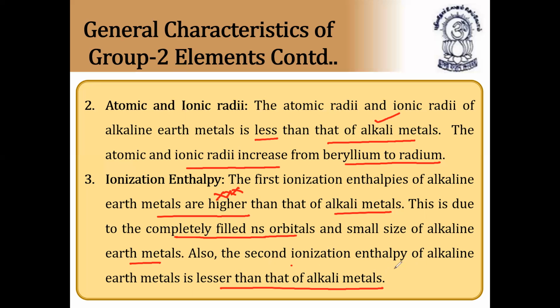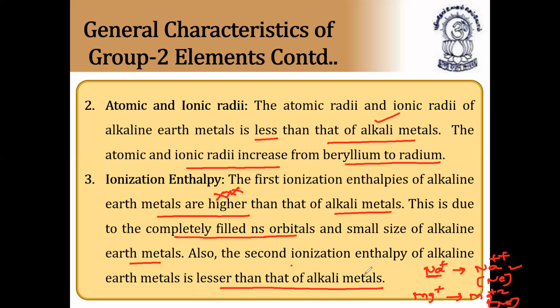I will explain the reason. If you remove one electron from sodium, it becomes Na+. If you want to remove the second electron, it has to be removed from the inert gas configuration, that is neon. Whereas in the case of magnesium, if you remove the first electron, it becomes Mg2+, which has the neon configuration. So the second electron of sodium has to be removed from the inert gas configuration.